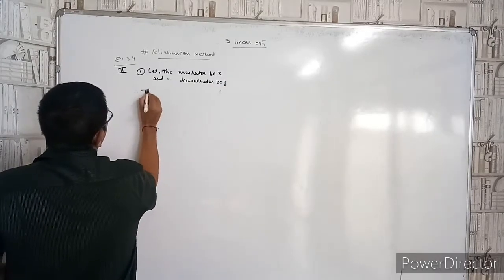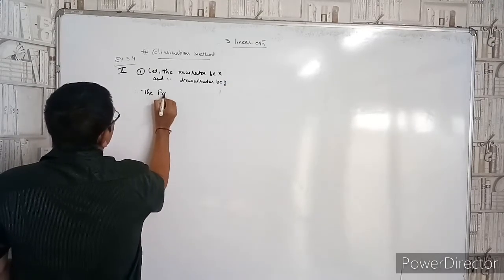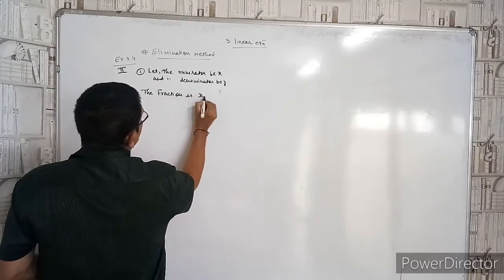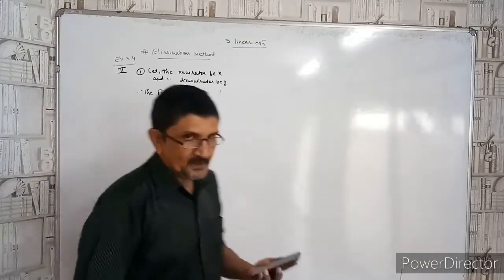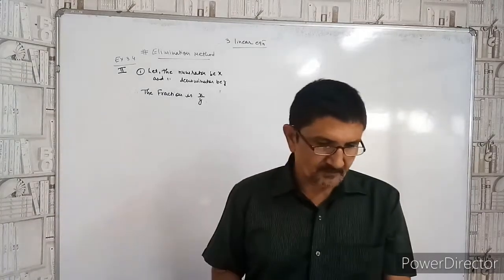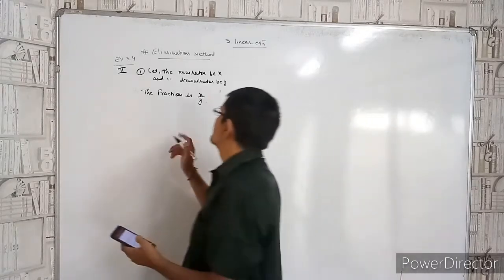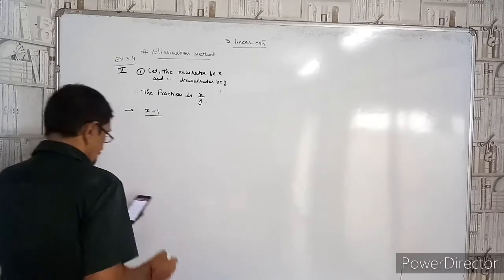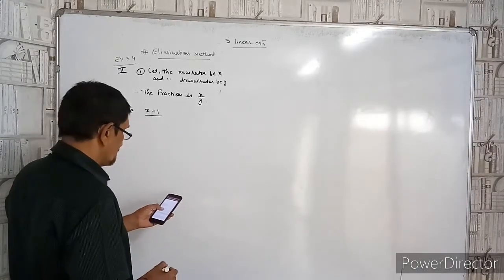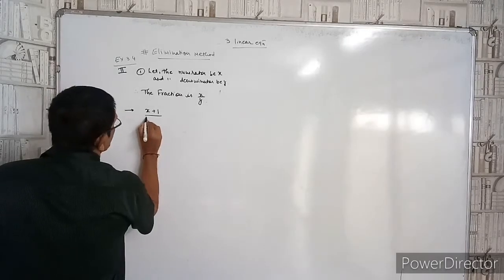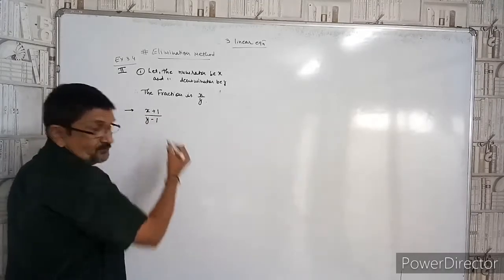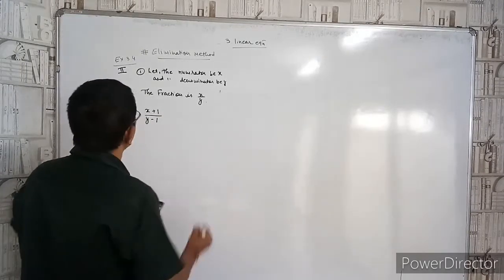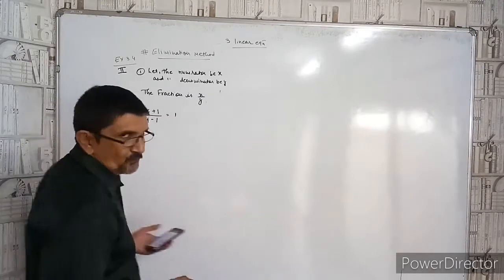Therefore, the fraction is x upon y. Now what is the question? In this fraction, if we add 1 to numerator, and subtract 1 from the denominator, the fraction reduces to 1. So this fraction becomes 1.